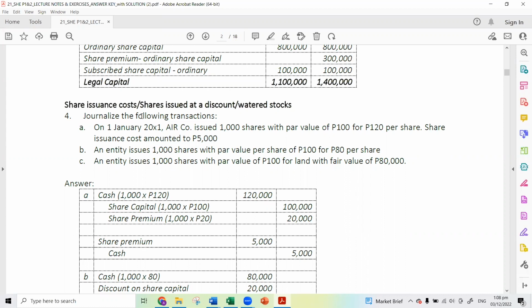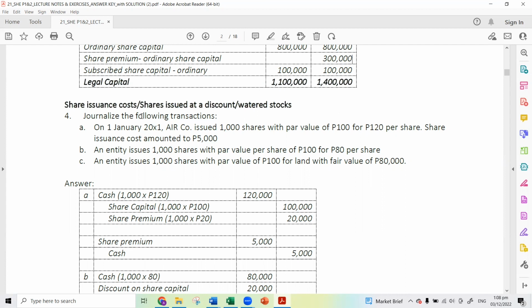Underwriter fees, yan. Yung isa, yung documentary stamp tax. Yan yung mga common. And other transaction taxes. So, lahat ng mga yun, class, na nabanggit ko, ang tawag doon ay share issuance cost.